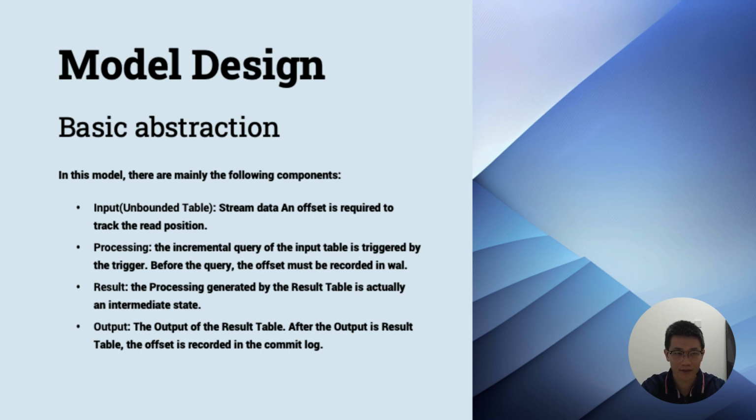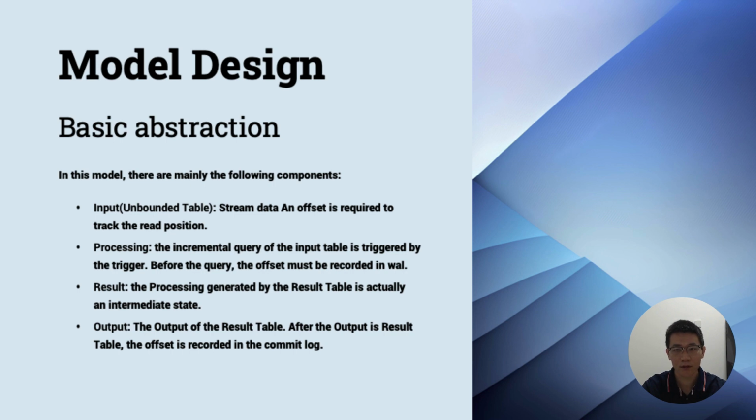We'll define this input based on certain methods and attributes we will discuss later. One essential attribute is the offset, which helps track the reading progress. Processing involves incremental queries of input. The processing is triggered periodically.